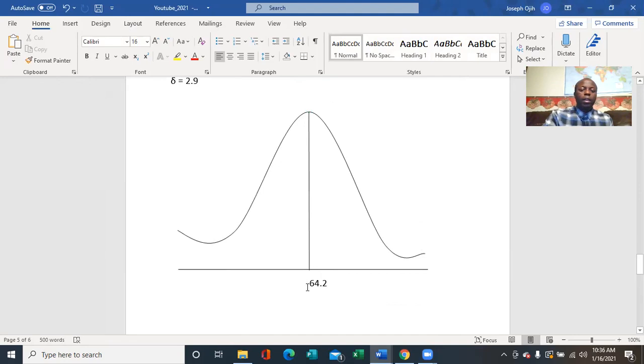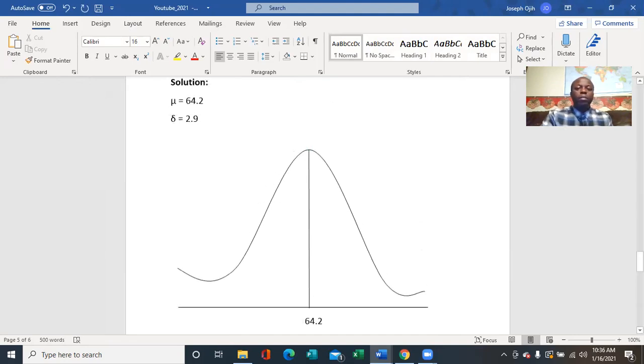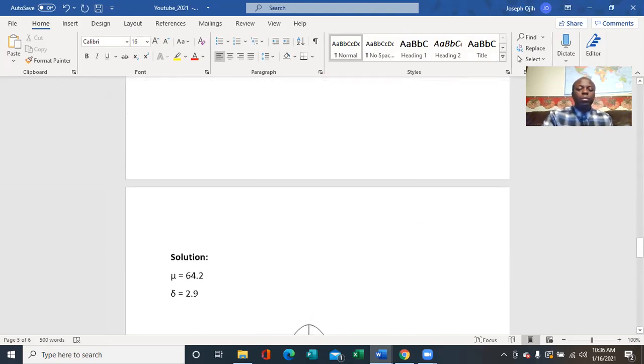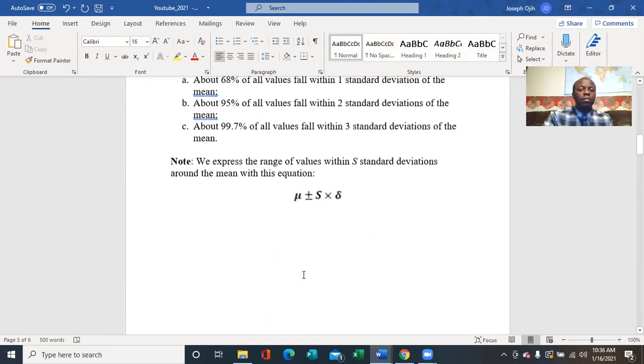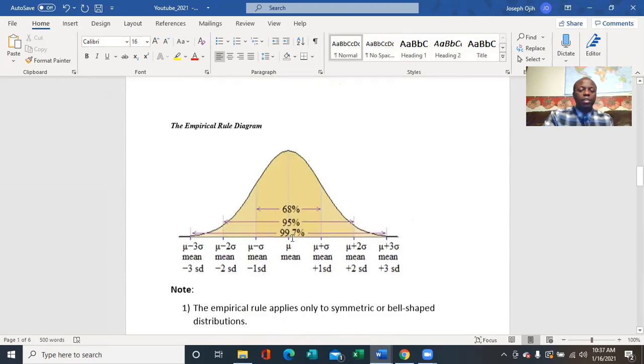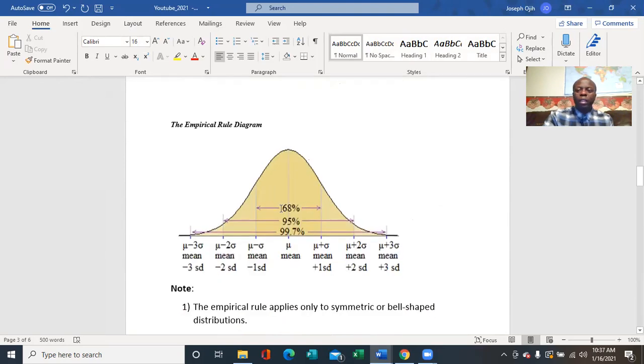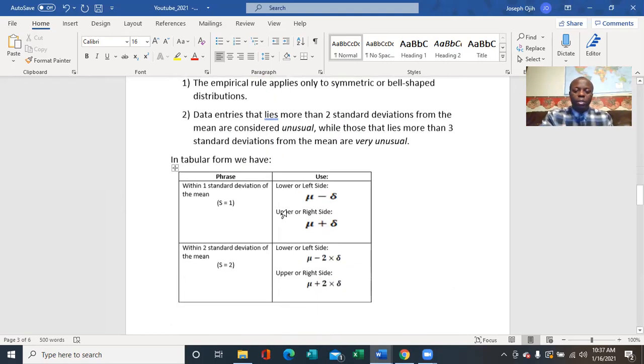Okay. Now, according to the empirical rule, if you remember, it says here that 68% lie within 1 standard deviation. Now, because we have 2 sides, left side and right side, all we have to do is to divide this 68% by 2 so that we get the value for the left side and the value for the right side. Okay, so let us do it.